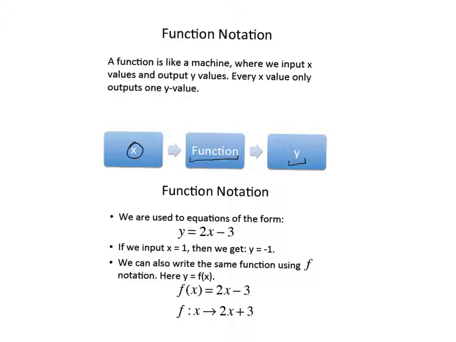So function notation, now we are used to equations of the form y equals 2x minus 3. That's what you're used to using. So for instance, if we input x is 1, we get y equals negative 1. So if I go y equals, x is 1, so it's 2 times 1 minus 3, it does become negative 1.